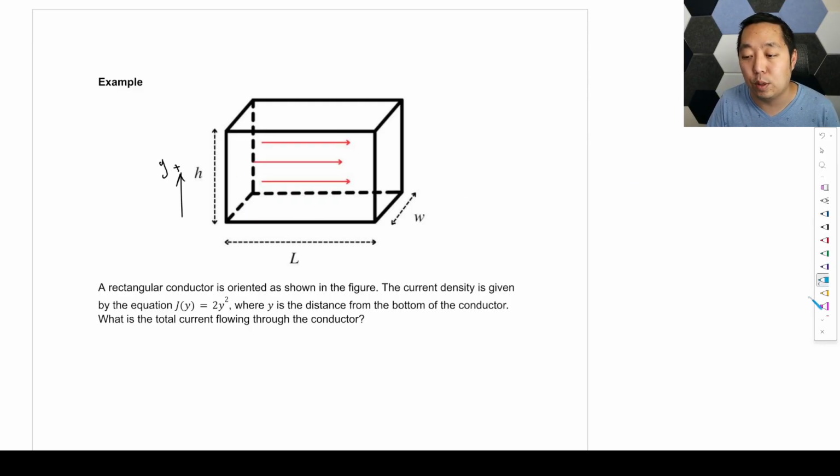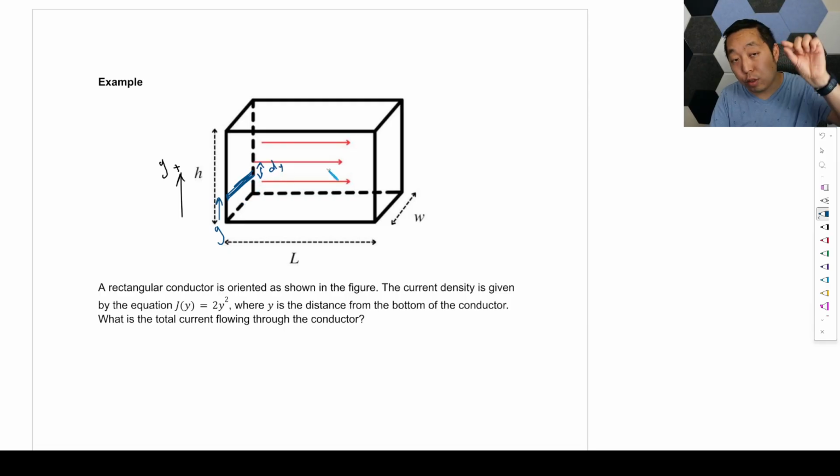So what kind of shape do I want to slice it into? A shape like this, a distance y away, with thickness dy. Because it's so thin, the density is about constant over there. The density varies as a function of y, which is why we chop it into something super thin vertically, because it's about constant over that little rectangular region.